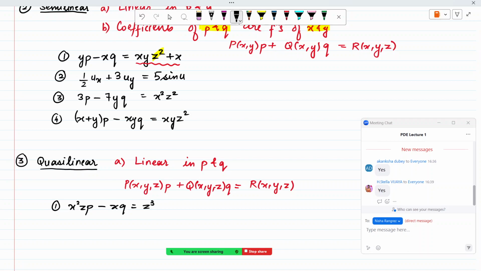The example just given before this, which we took as not semi-linear, was actually quasi-linear. Correct? There is no restriction on the coefficients now. The coefficients can have x, y, z both. Any doubts?